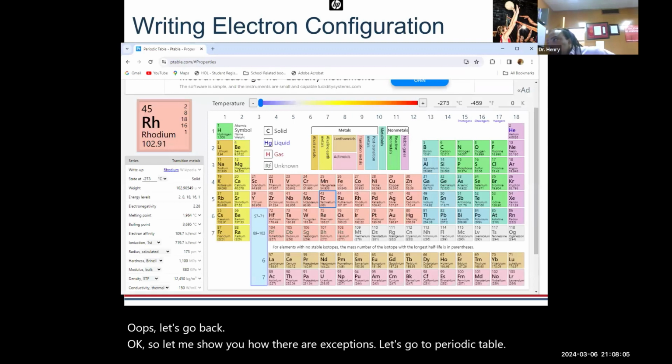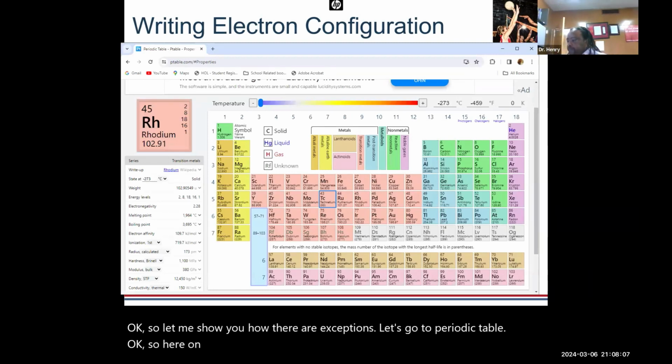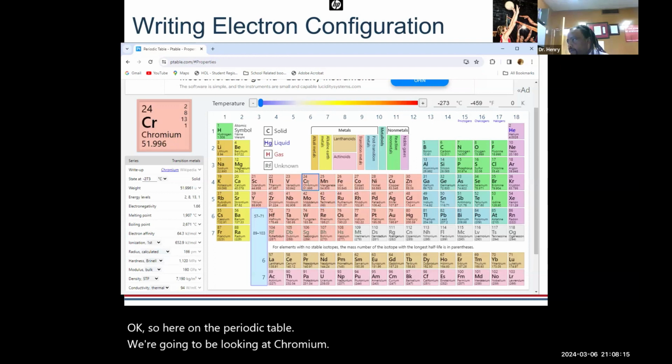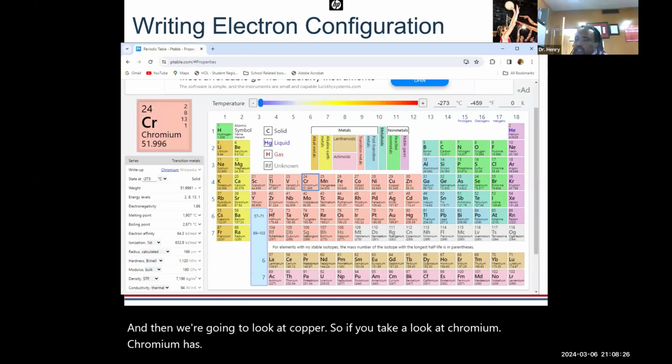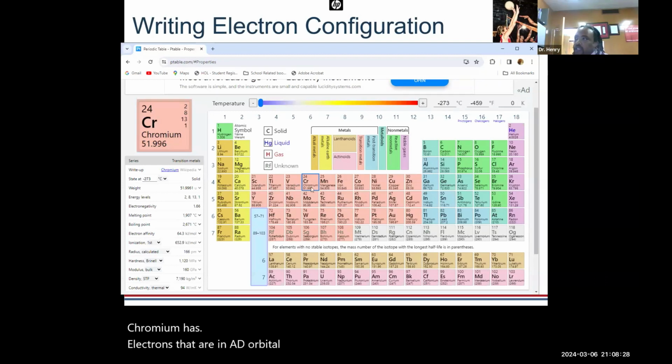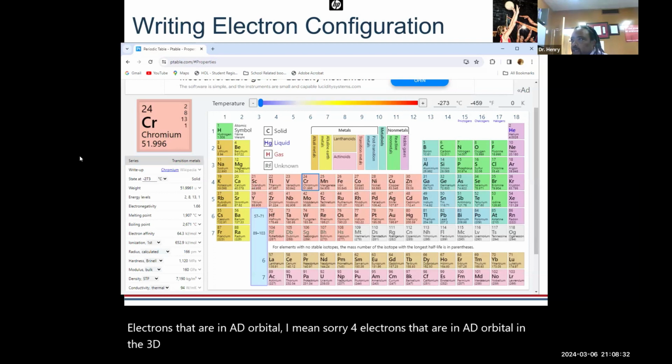Okay. So here on the periodic table, we're going to be looking at chromium, and then we're going to look at copper. If you take a look at chromium, chromium has, I mean, sorry, 4 electrons in the 3d orbital.